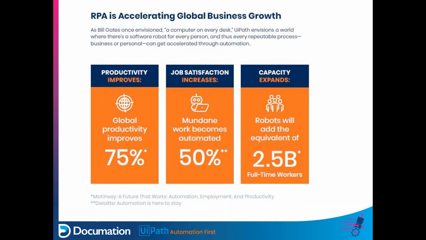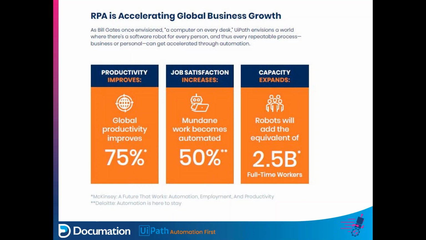So RPA is a tool which is becoming widely adopted throughout the globe. It's driving business growth, and the Uipath vision for RPA is that eventually there will be a software robot for every person working alongside us and taking away the mundane and repetitive tasks that we all have to perform every day, and freeing us up to spend more time doing more valuable work.